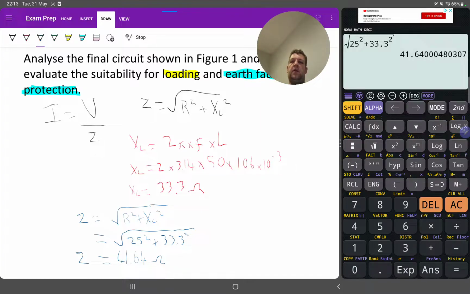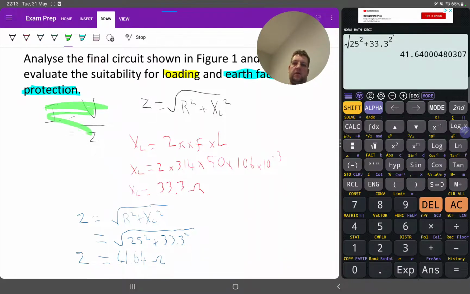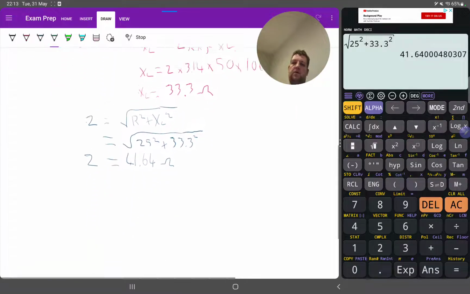So the next stage, what we need to do, guys, is to go and look at our current. So current is I equals V over Z, which I asked for originally. So we'll do that underneath.